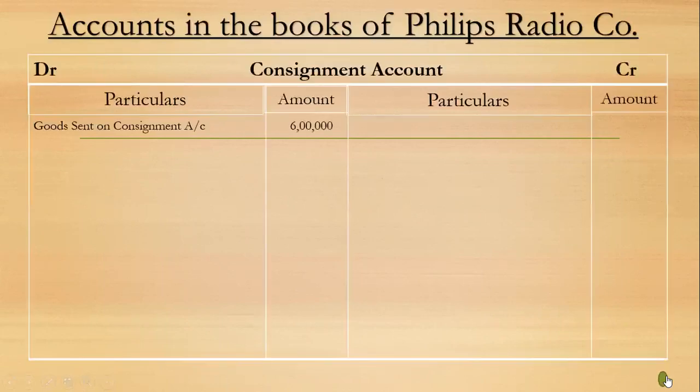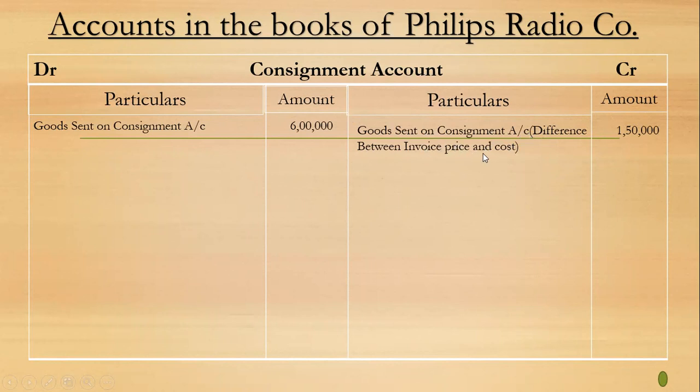500 radios and 300 profit. So the difference will be 1,50,000. That will be reversed, goods sent on consignment account. We can write in bracket just for the reminder that this is the difference between invoice price and the cost.